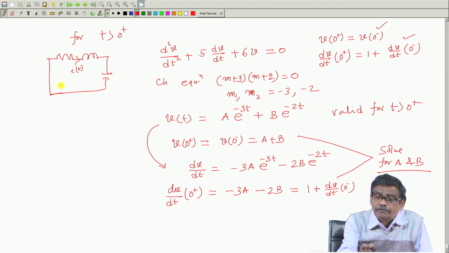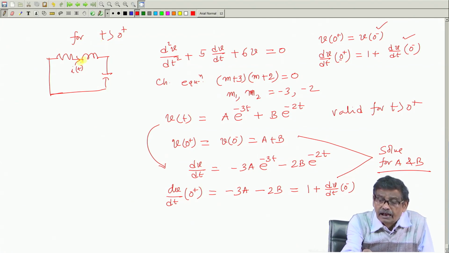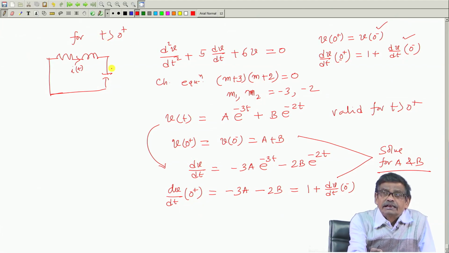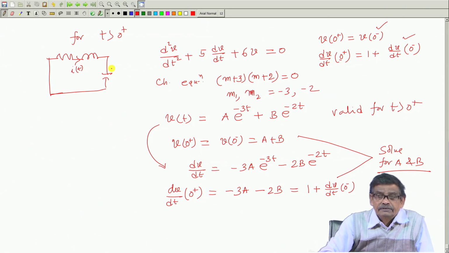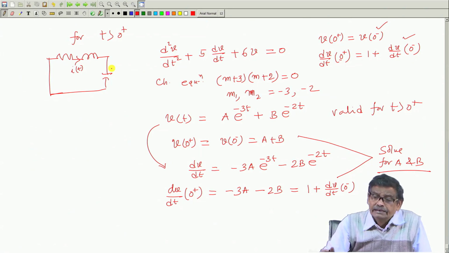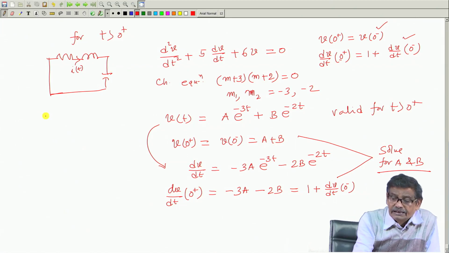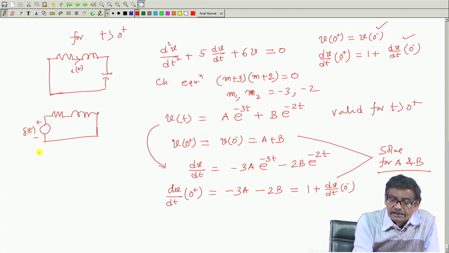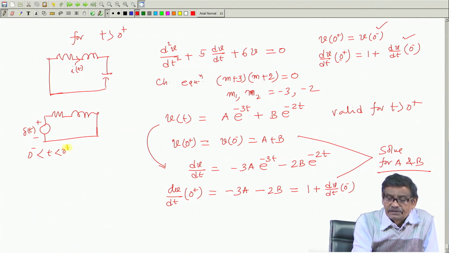So, solve for i(t) for t greater than 0 plus; the circuit is once again like this. The source was really active only during this brief period, from 0 minus to 0 plus.